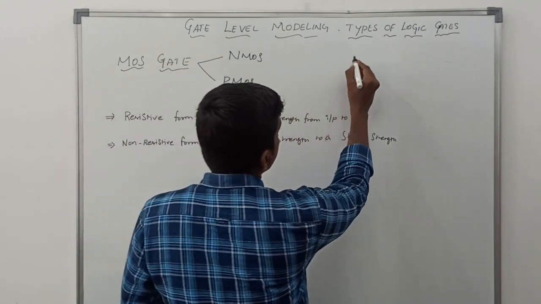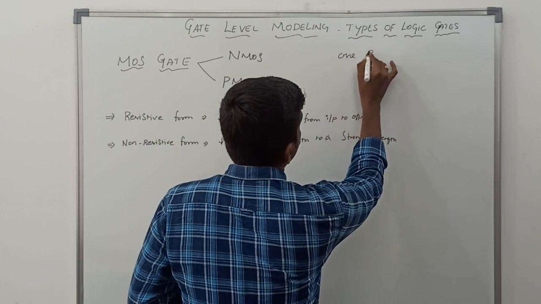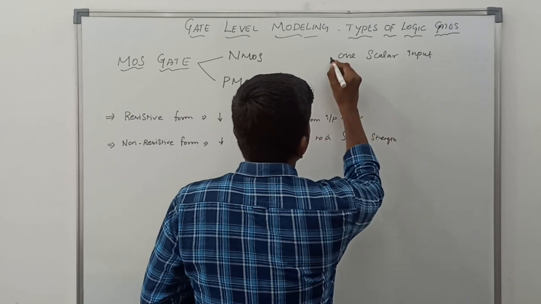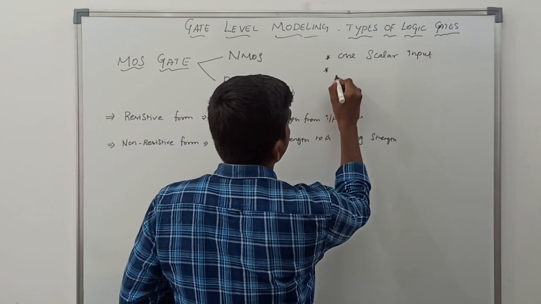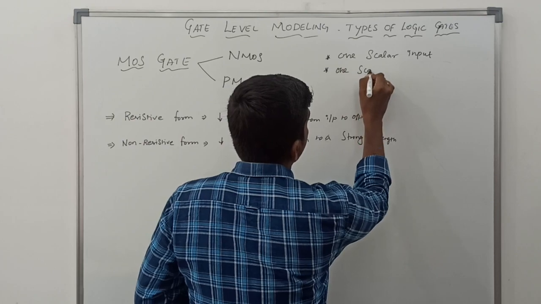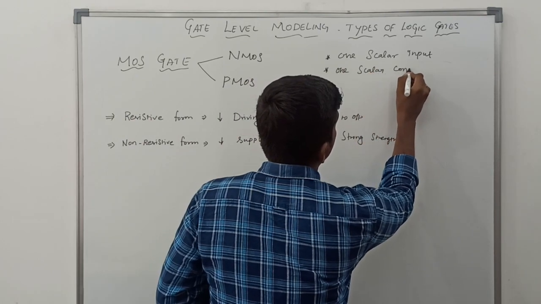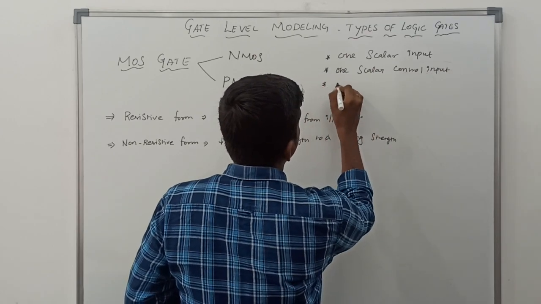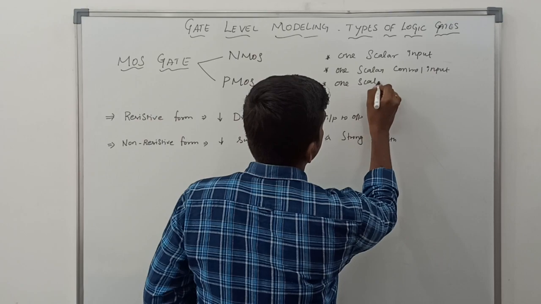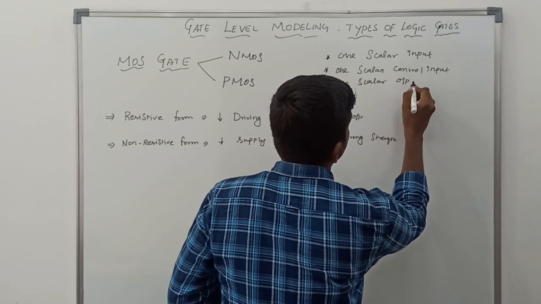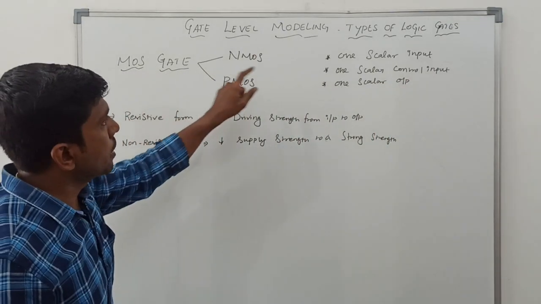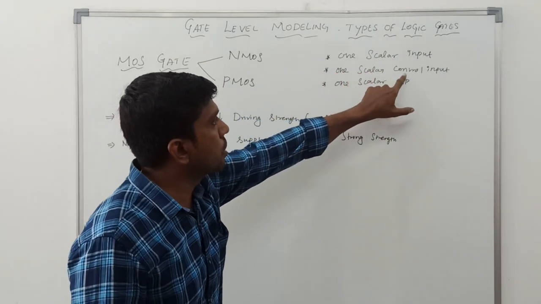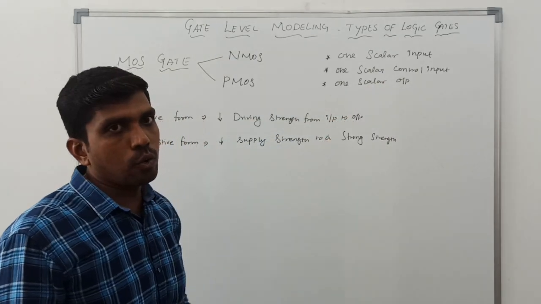This MOS gate has one scalar input, one scalar control input, and one scalar output. It is only one input.